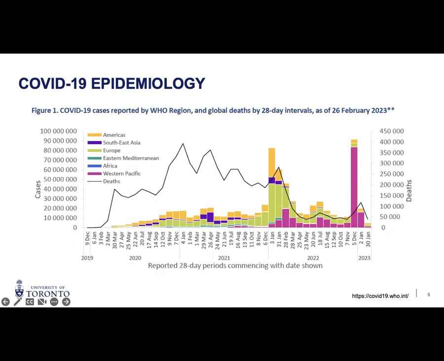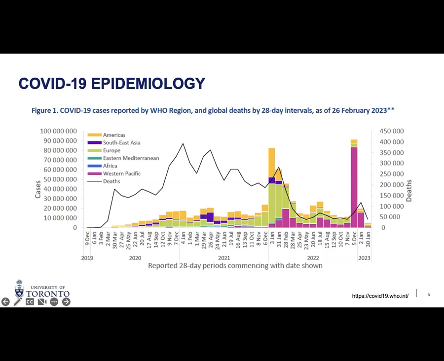And this figure shows COVID-19 cases reported by WHO region and global deaths by 28-day intervals as of 26th February 2023. So you have data from December 2019 to January 30th, 2023.